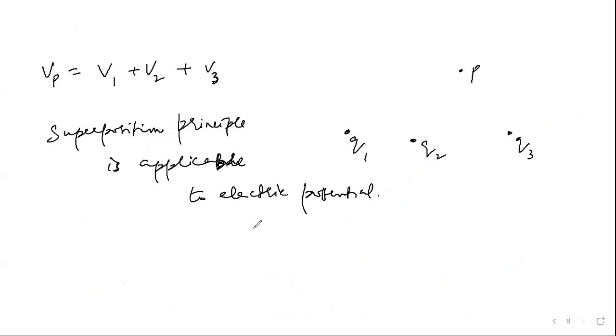We write delta V is equal to VB minus VA, which is UB minus UA by Q naught.